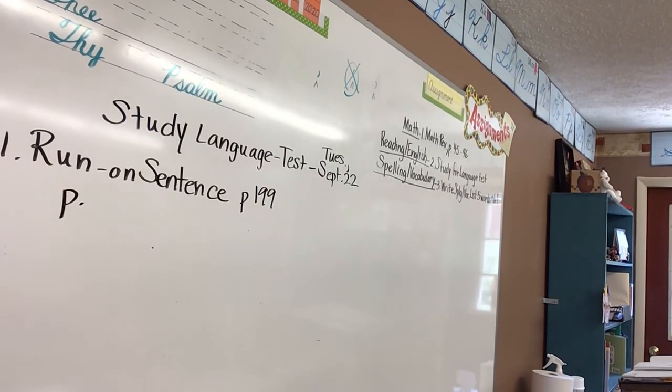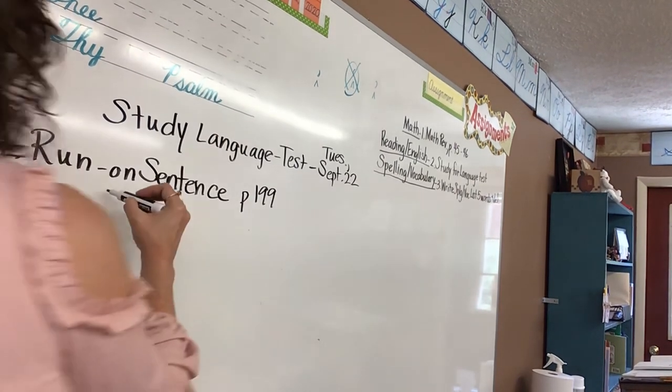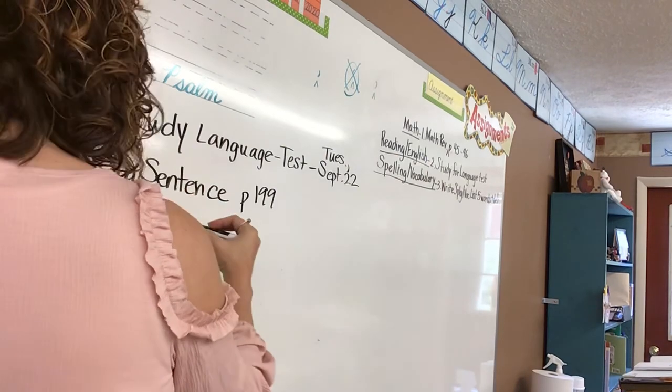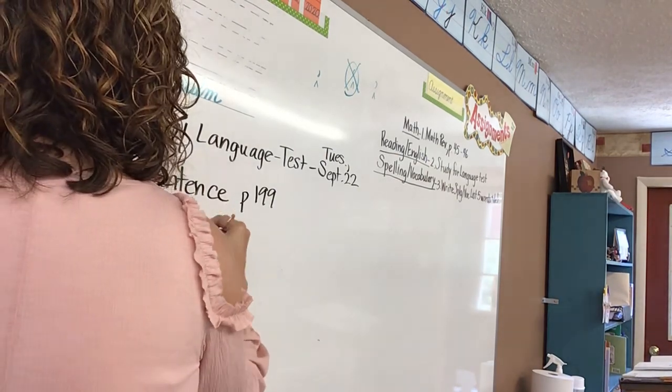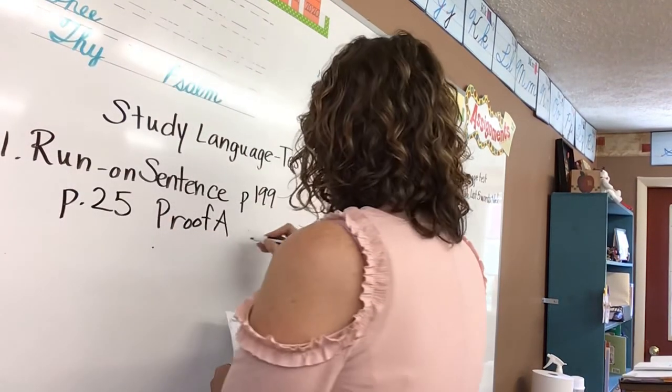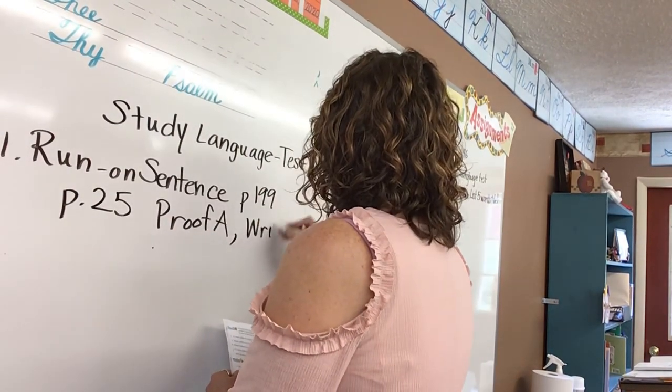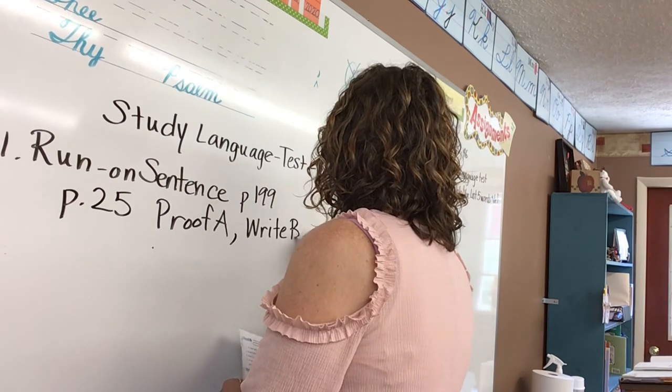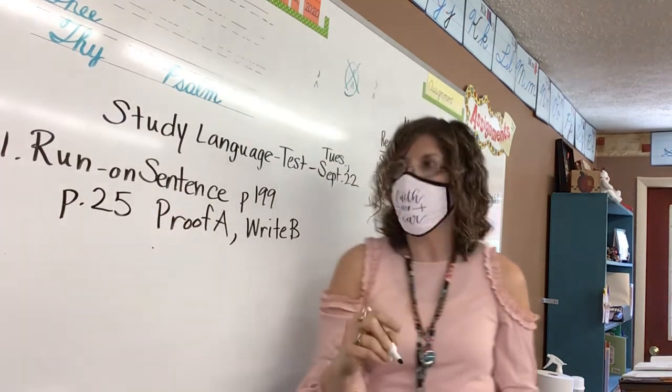I'm going to actually give you those pages. It was 25, and you need to say proof A and write B. Those are pages you could use to study for run-on sentence.